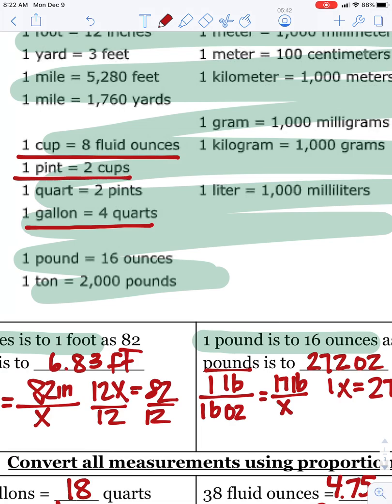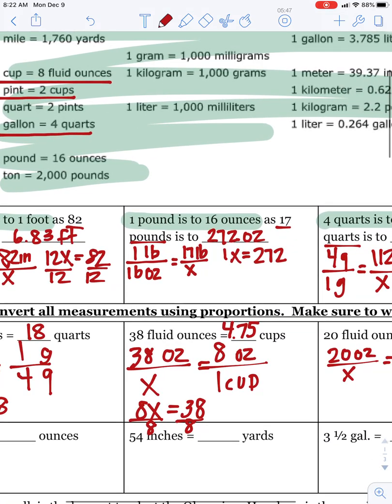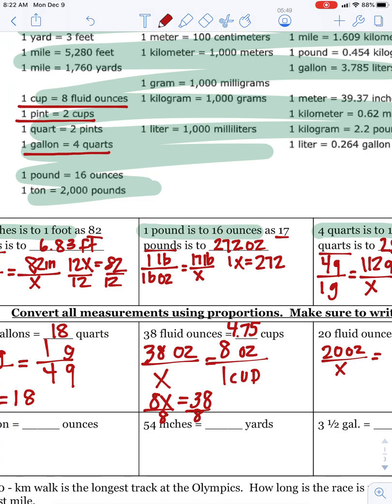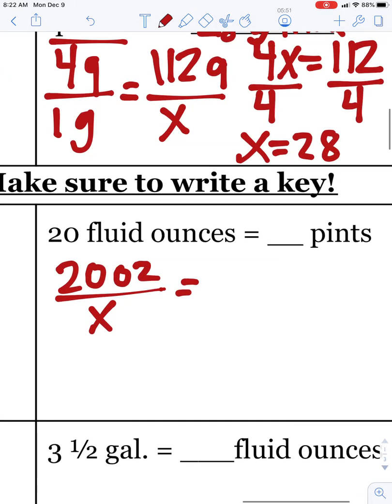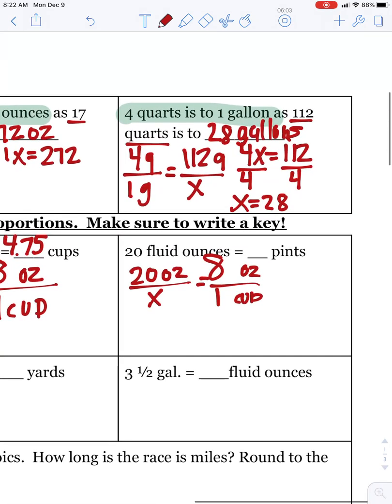So that is going to require us to use two proportions. The first one is going to go ounces to cups because that's the only conversion factor we have. So we're going to do ounces over cups. And so that's 1 cup on the bottom, 8 ounces on top. So that's going to give us 8x equals 20.